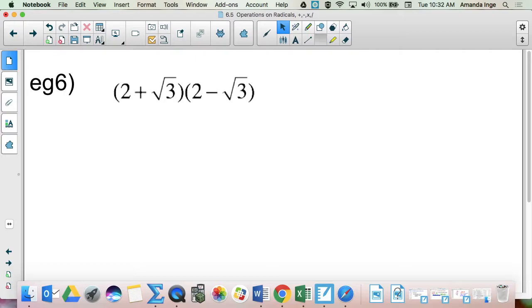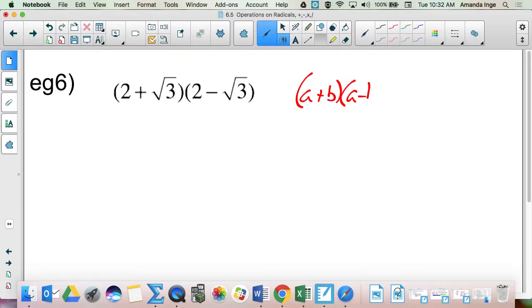Okay, so that brings me to a problem that looks like this. You're going to multiply these together. These are actually conjugates. We multiply to get a squared minus b squared, or the difference of 2 squares. You can FOIL it if you want to.